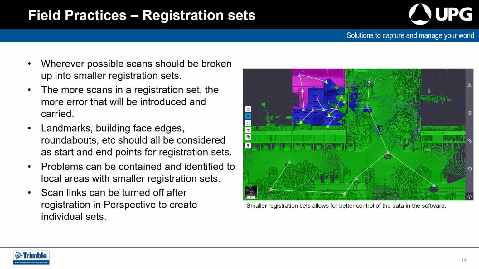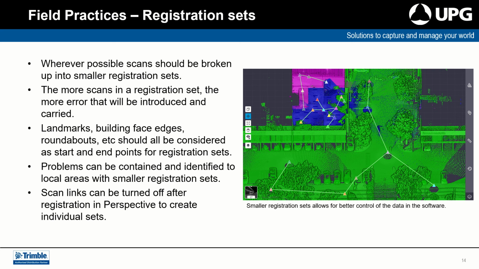So you could go from scan 30 to scan 31 and then take scan 32 and link that to scan 31, and then break the link between scan 30 and 31 to have two individual registration sets, where you have 1 to 30, and 31 and 32 onwards is a second registration set. Those two scans will still be joined together because they were positioned together originally. You've just removed that particular link to create a new registration set moving forward.